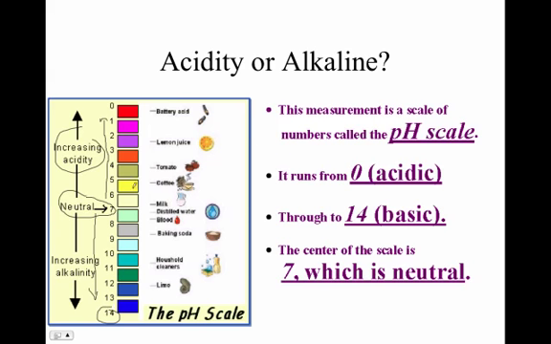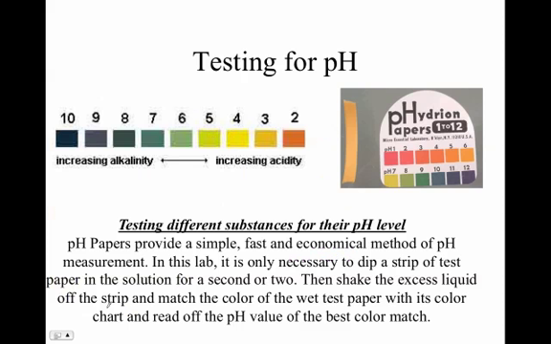So acidic substances are below 7 all the way to 0, and alkaline substances are above 7 all the way to 14 on the pH scale. We can use paper called pH paper to test to see whether water is neutral or basic or acidic.